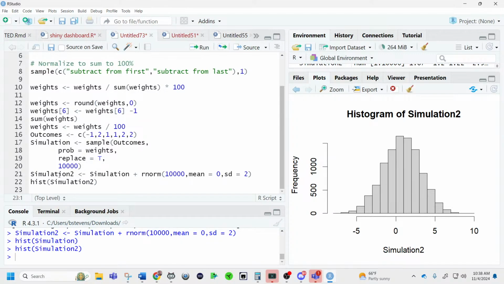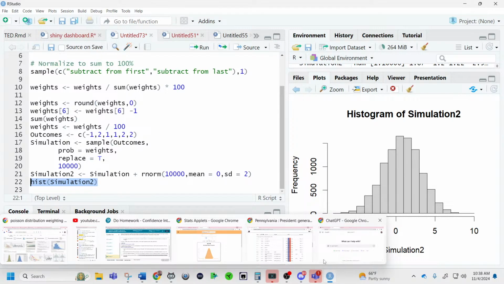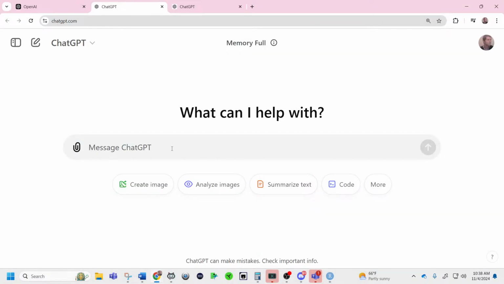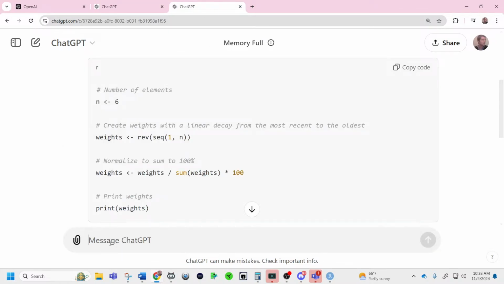And so what I could say is we go back to ChatGPT. I've created the following distribution of simulated results. It's a numeric vector.